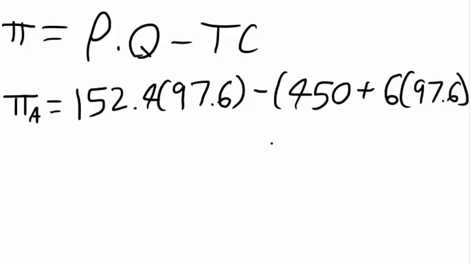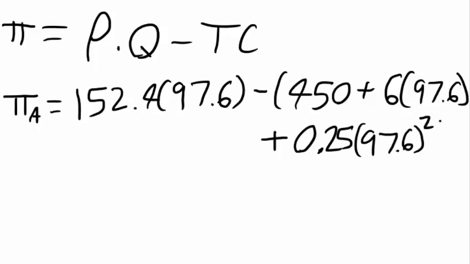And then continuing, we would add 0.25 times 97.6 squared. And that is our total cost function, as well as the entirety of our profit function.